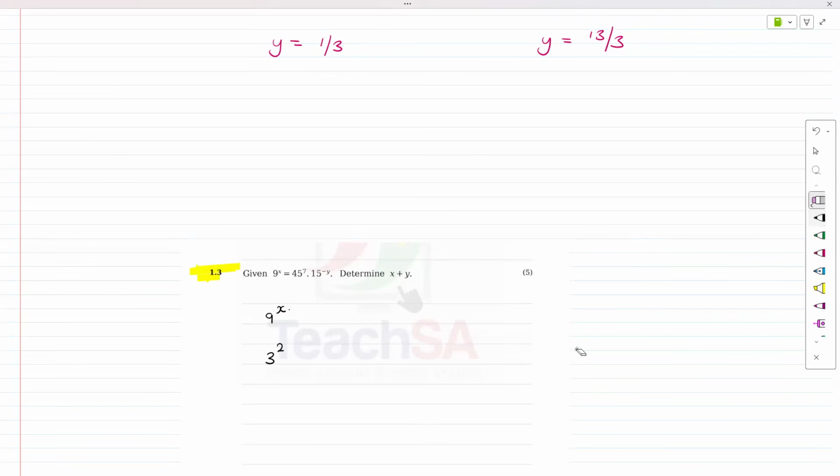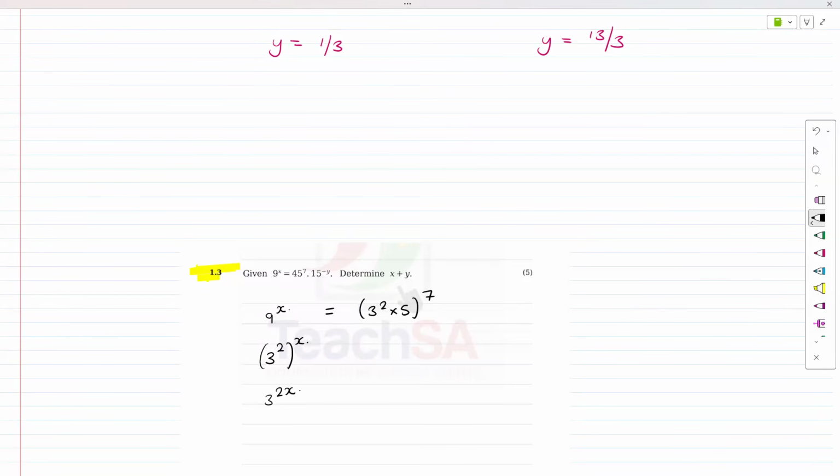To be honest, I would get that, which is 3 to the 2x. 45 to the 7 is a little bit of an iffy one. 45, if I put 45 shift factor, I'm going to get 3 squared times 5. So again, this equals to 3 squared multiplied by 5, and that's to the power of 7.